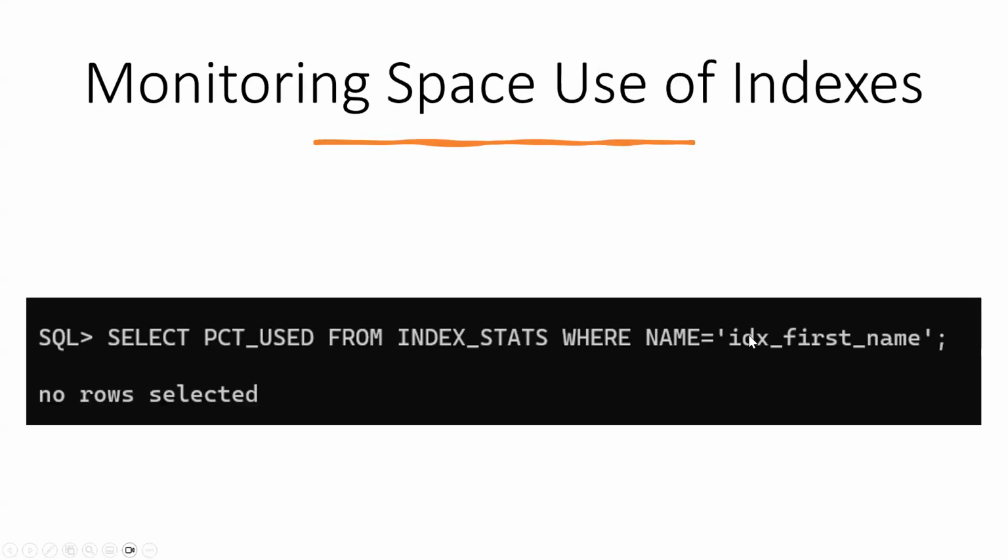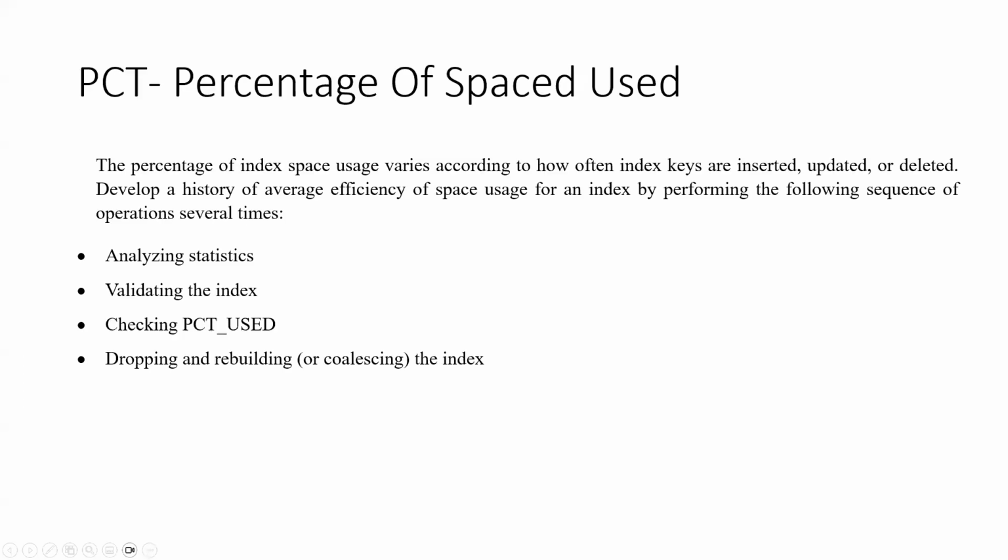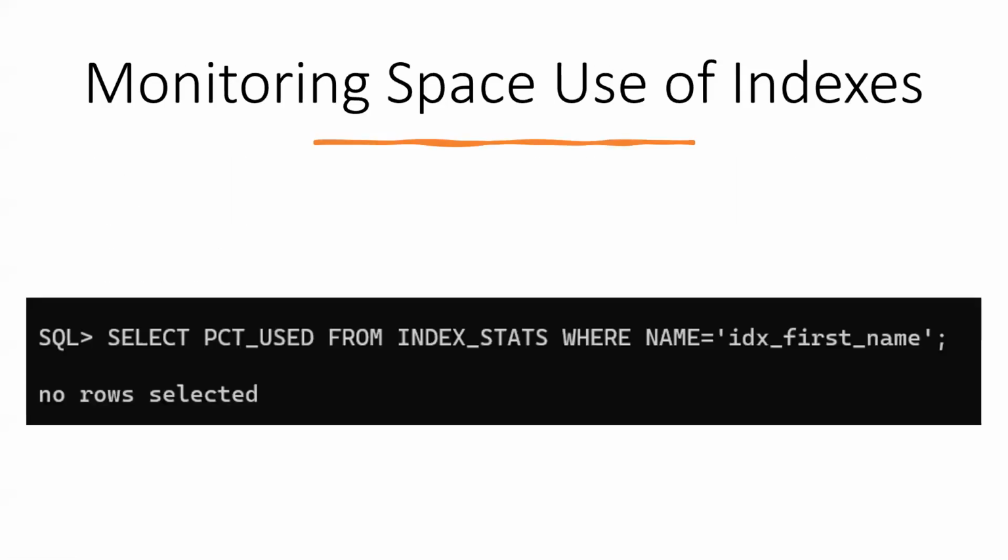For example, the name of the index is idx_first_name, and then we execute. If the index you are trying to check isn't there, or you do not have the permissions to access index_stats, you are going to see no rows selected. This is the way to monitor the space use of an index.